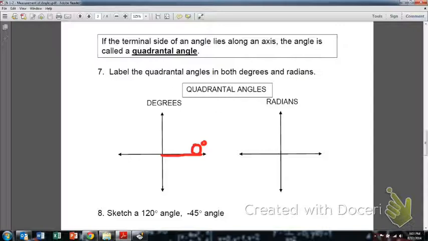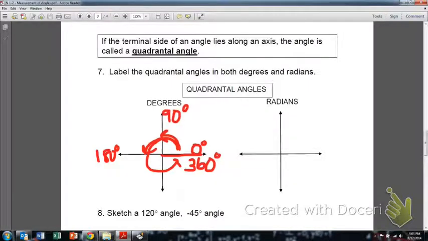And we know if we rotate all the way around, that's 360 degrees. So now you can kind of divide things up. We know that halfway around would be 180. A quarter of the way around would be 90. And 3/4 of the way around would be 270.